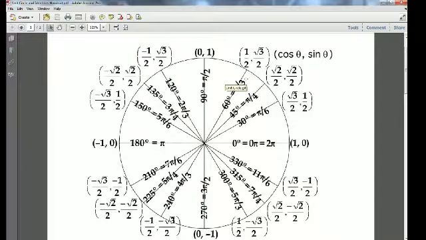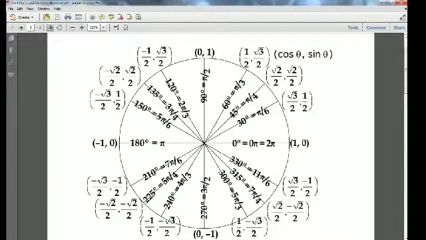For now, all I'm asking you to memorize is the degrees. These are called radians. We don't need to worry about those until after break. So you're just memorizing the degree measures: 30 plus 15 plus 15 plus 30 plus 30 plus 15 plus 15 plus 30 plus 30, right?